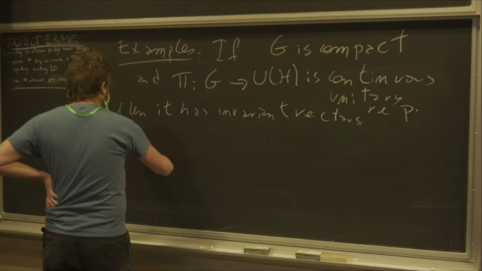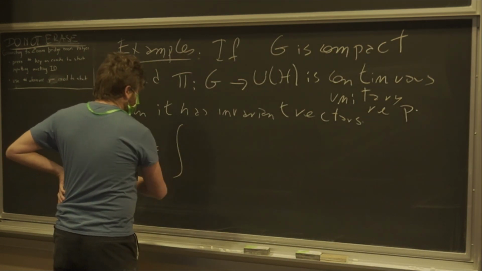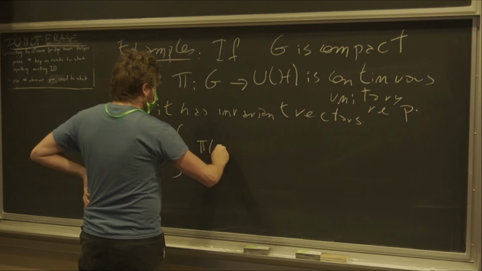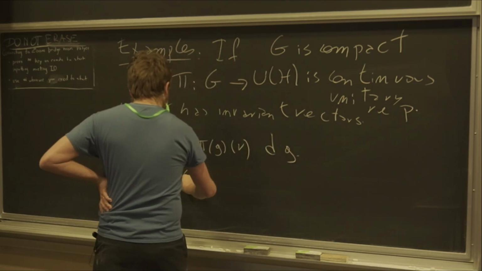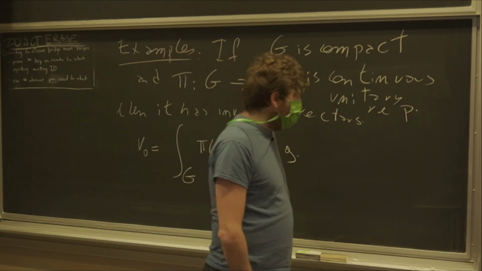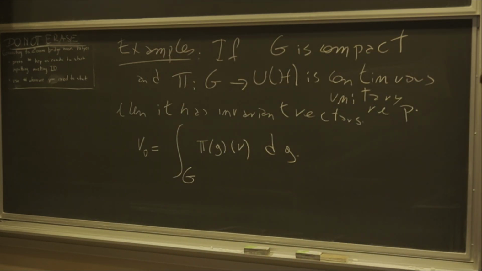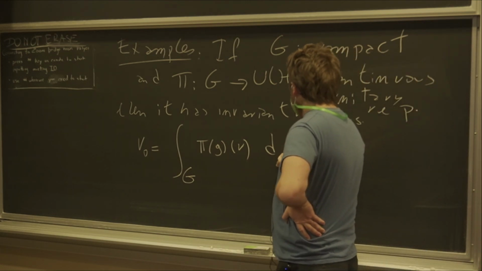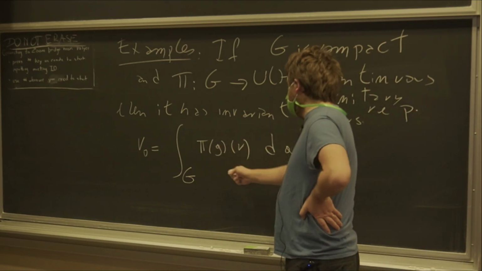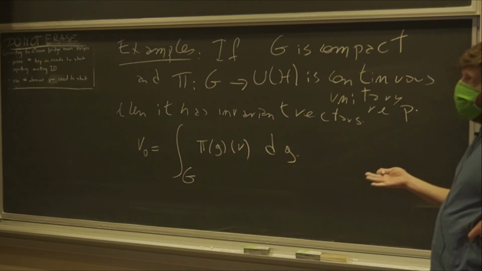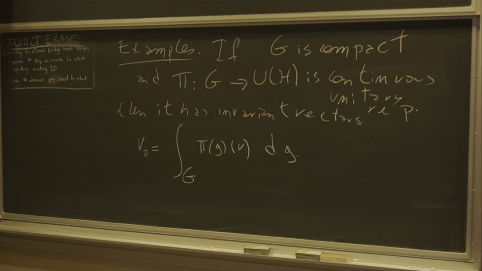The invariant vector would be the integral of pi(g)v_0 over G, and the compactness will tell me that this Haar measure is a finite measure. So this integral really makes a lot of sense.